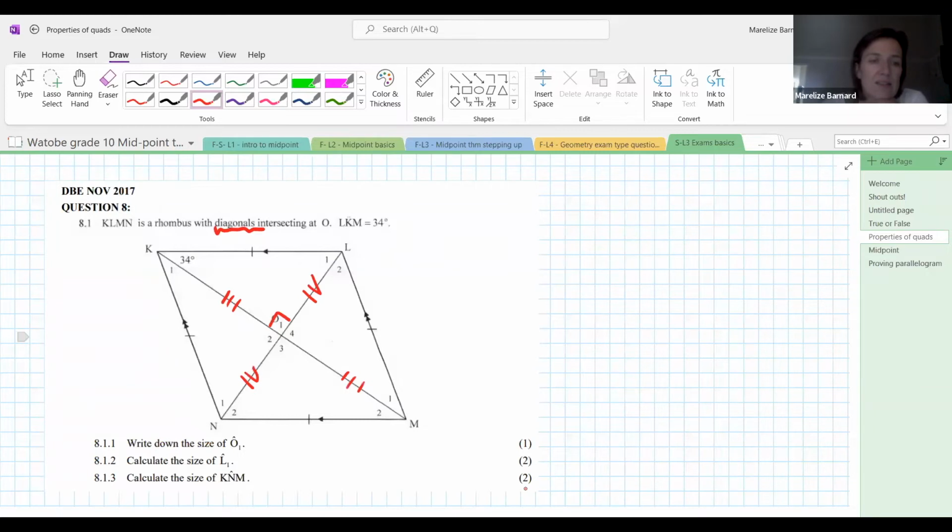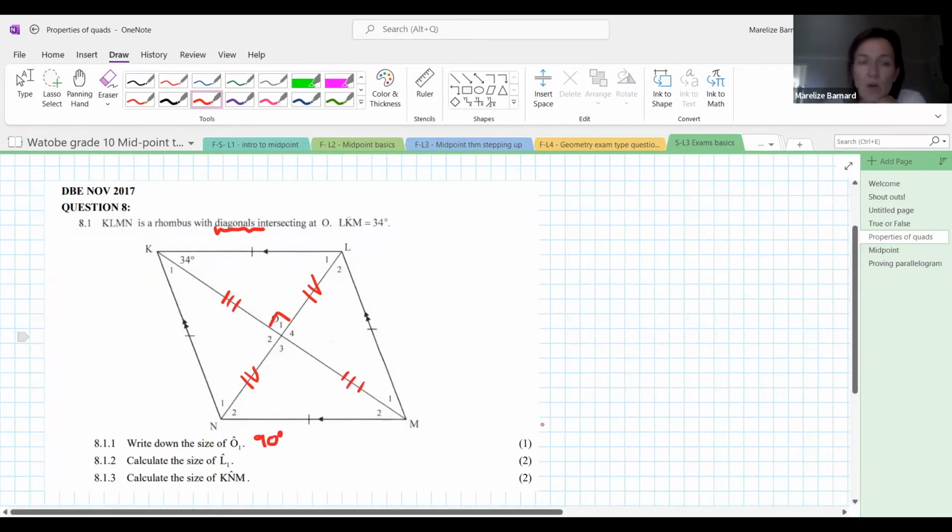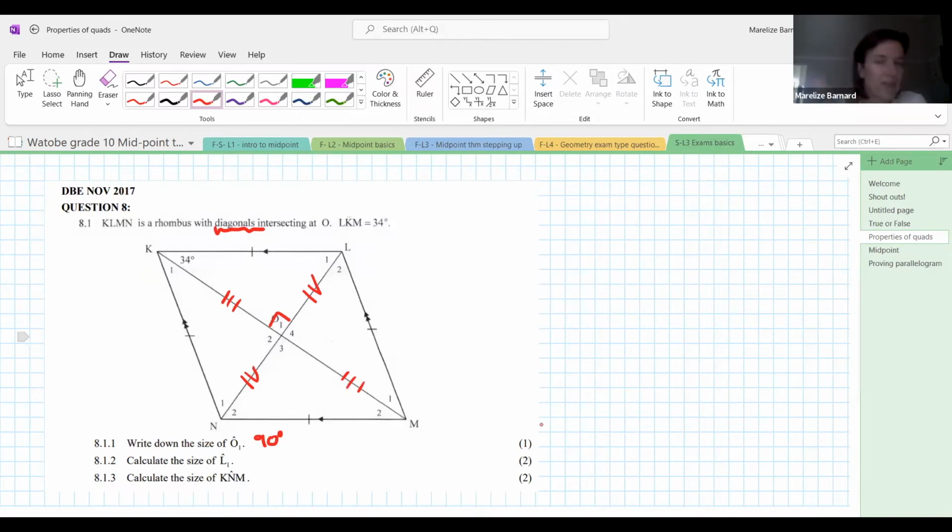Right, so it says, write down the size of O1. We've pretty much answered that question, right? It's just 1 mark, and it's not asking for a reason, but I am always in favor of giving a reason, just in case. So write down the size of O1, and your reason is going to be, it's 90 because of the diagonals of a rhombus.